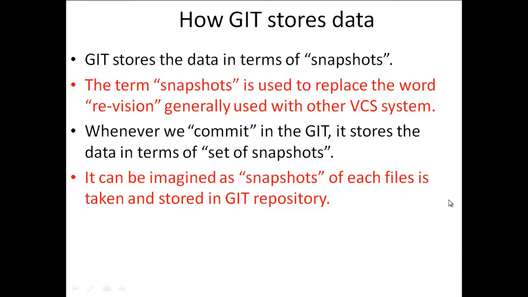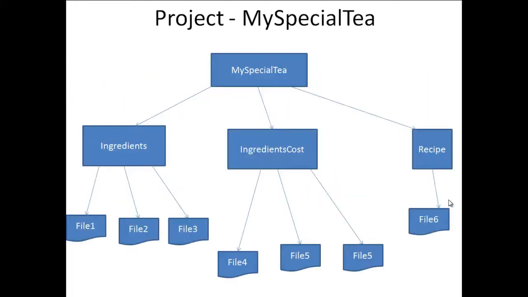Now let's understand how this entire process is going to work. In order to do that, I will be creating a sample project. Let's say I've given the project name as my specialty, right? We're going to prepare a tea. So in tea, let's say this is a project and we have three different folders: one is ingredients, the second is ingredients cost, and the third is the recipe.